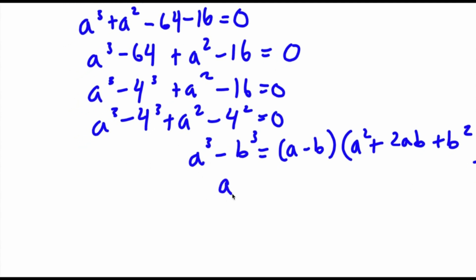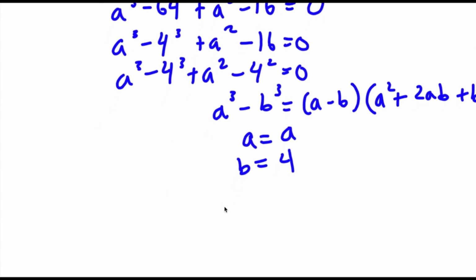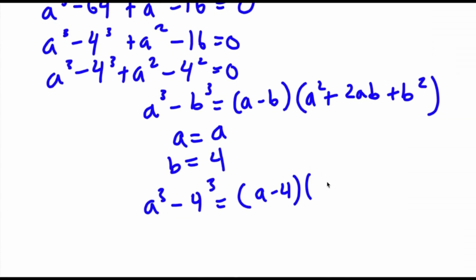So in this case, a is a and b is 4. So a to the power of 3 minus 4 to the power of 3 is going to equal a minus 4 times a squared plus 2a times 4 plus 4 squared.